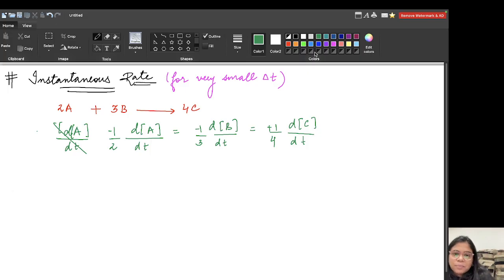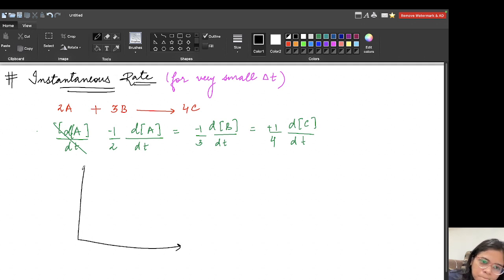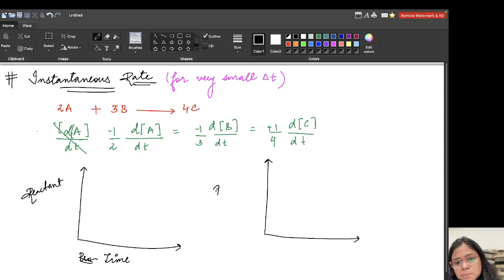The graphical representation will look something like this. I am drawing two graphs, one for reactant and one for product, with respect to time.